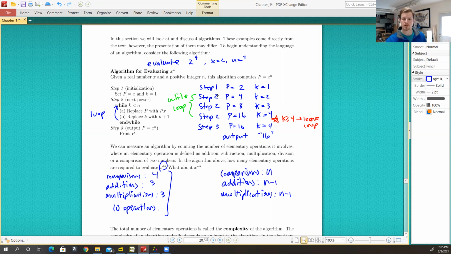We would do a comparison at the beginning of each step 2, which we run through n minus 1 times, and then one more an nth time to kick us out of the loop. Okay, so that's a total of n plus n minus 1 plus n minus 1, which is 3n minus 2 operations.